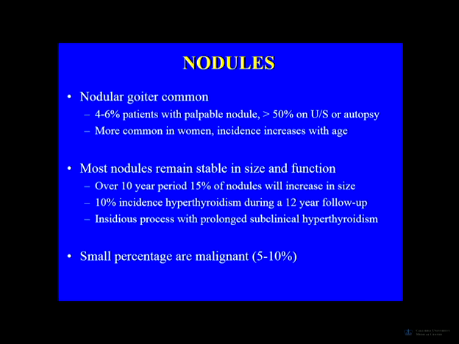When hyperthyroidism is developing, it also tends to be an insidious, slow process with a prolonged subclinical hyperthyroid phase. To remind you, subclinical hyperthyroidism is when you have a mildly low or frankly suppressed TSH, but you still have normal T4 and T3 levels. And again, a small percentage of nodules, about 5 to 10%, are in fact malignant.